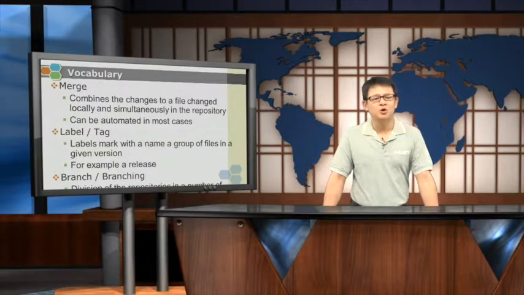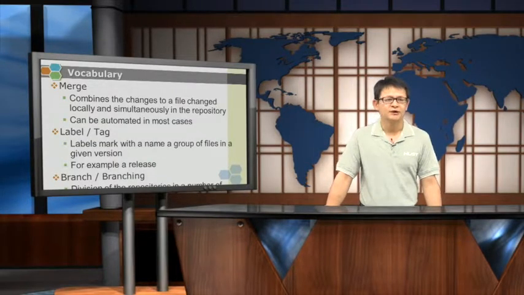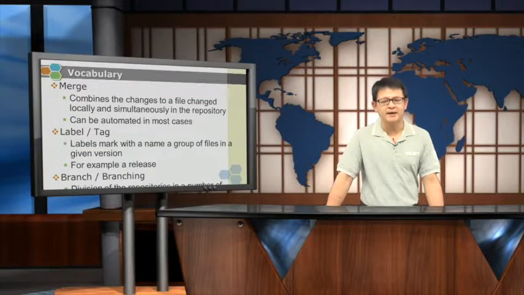And then you have the notion of merge, which is often used by developers to combine the changes to a file which is already changed locally and simultaneously in the repository. It can be automated in most cases, except if it has conflicts, then you have to solve the conflict before merging them together.